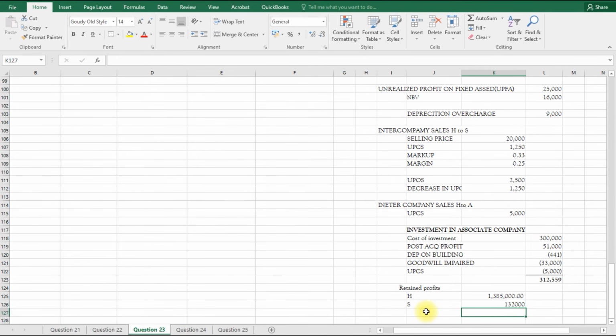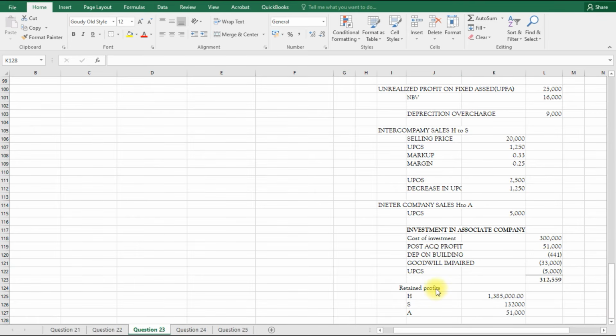Then we have for A, again we take the post. I think for A we already had it here, which was 51,000. So that is our retained for H, for S, and for A.